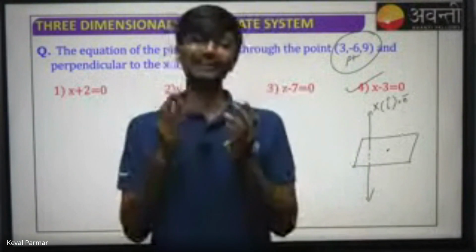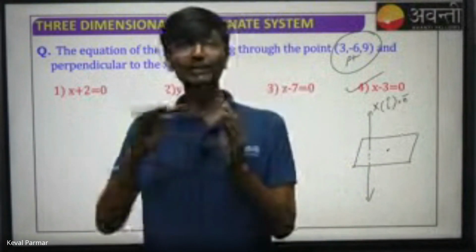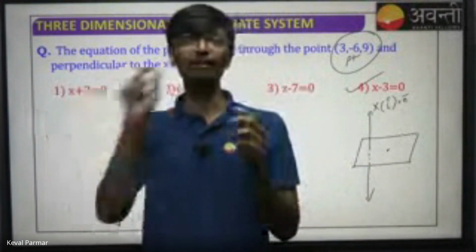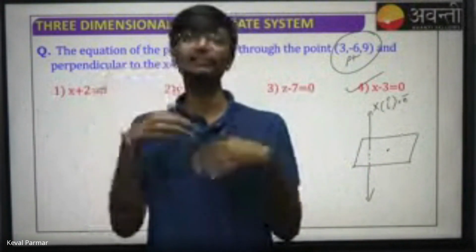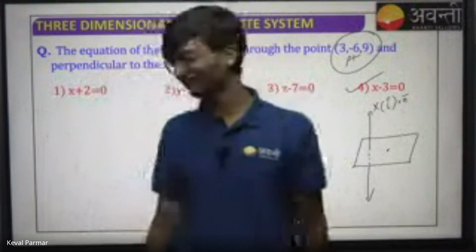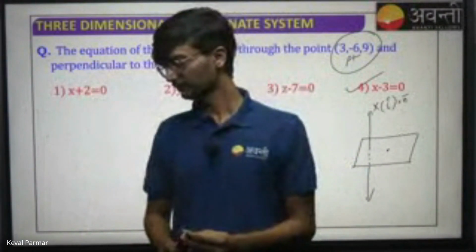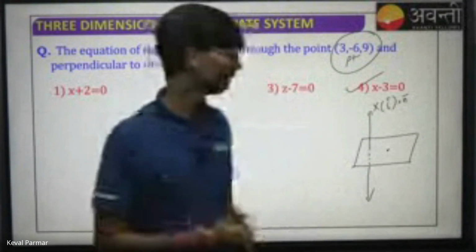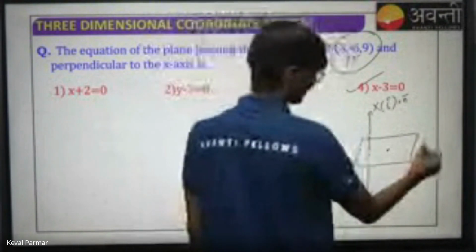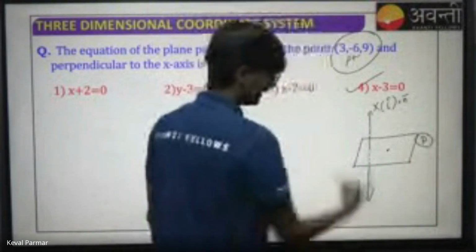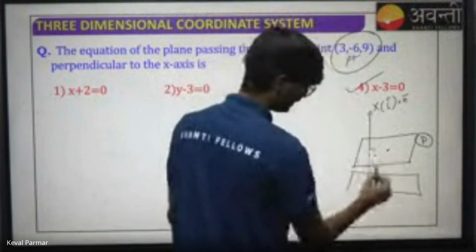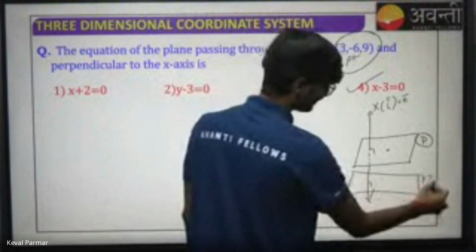So if the x-axis is perpendicular to the plane of the y-axis and z-axis, we know that the plane of the y and z-axis is called the yz plane. So that means this is the required plane P, and since this is the x-axis, it is also perpendicular to the yz plane.